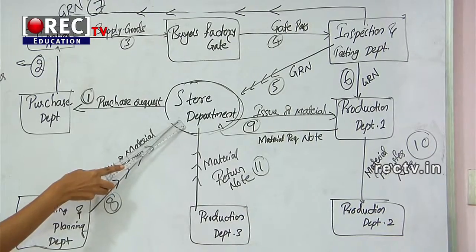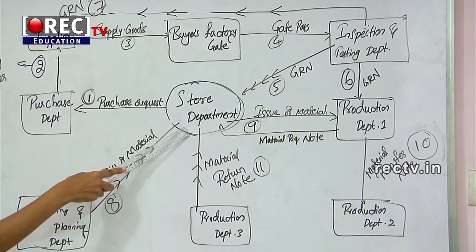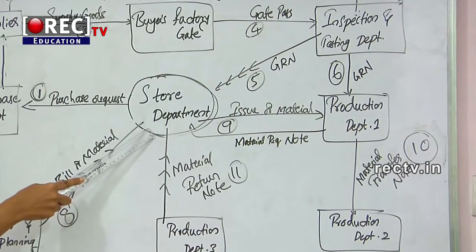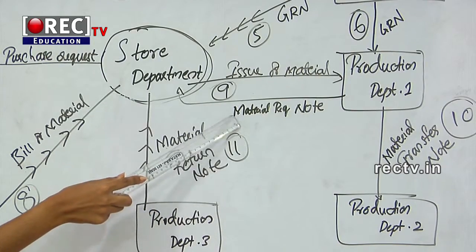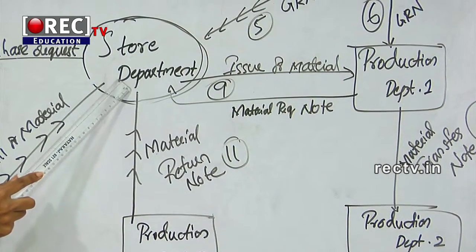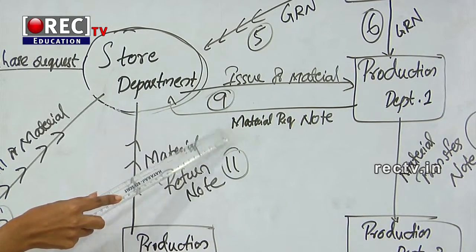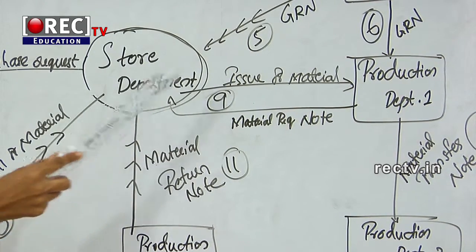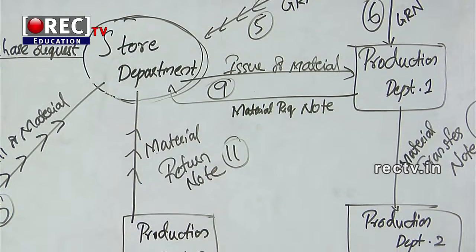The stores department cannot issue materials to any department without proper authorization. In order to issue a material, the production department issues a material requisition note to the stores department, after which, on the basis of this material requisition note, the stores department issues the materials required for the production department.